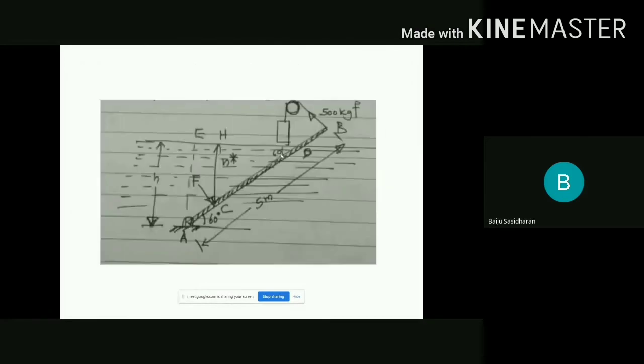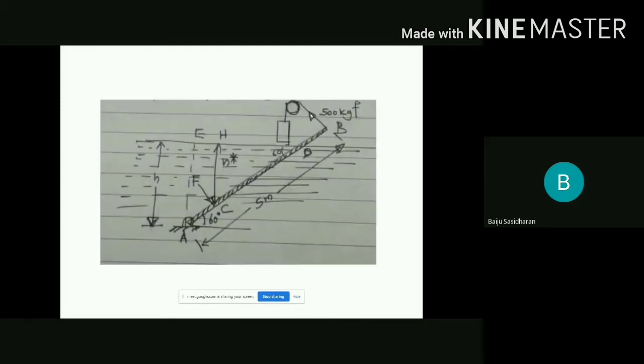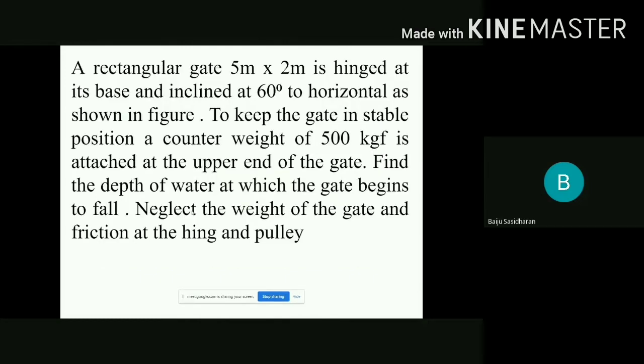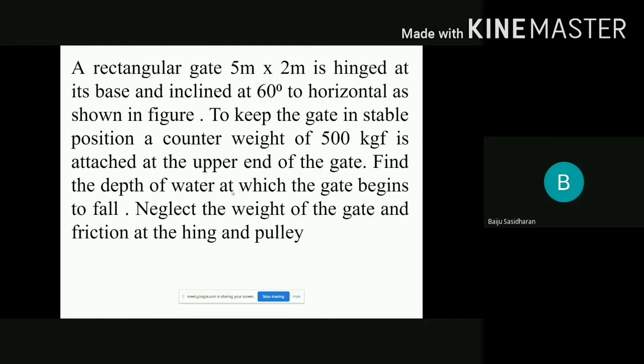To keep the gate in stable position, a counterweight of 500 kgf is attached at the upper end of the gate, in order to support this gate. Find the depth of water at which the gate begins to fall.